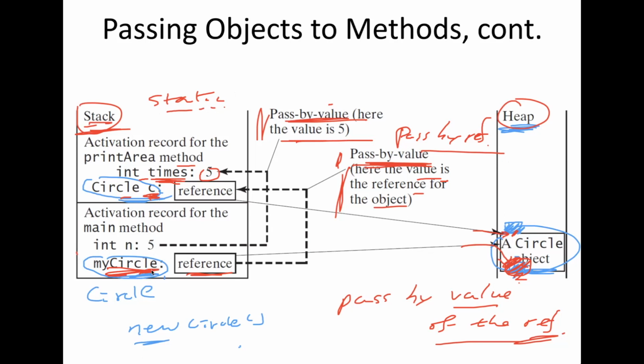C and myCircle sit inside stack, but both should have a reference to these dynamically created objects inside your code, where C and myCircle will eventually be the references for the actual objects in heap with their memory address. So when you pass C and myCircle to a method, you're passing by the value of the reference it points to inside the heap.